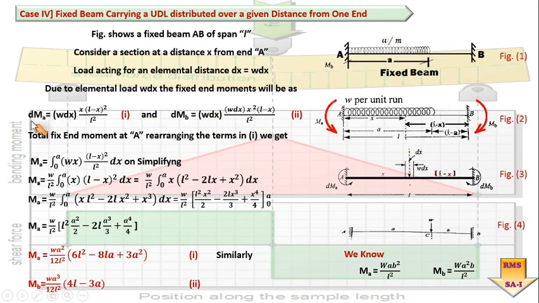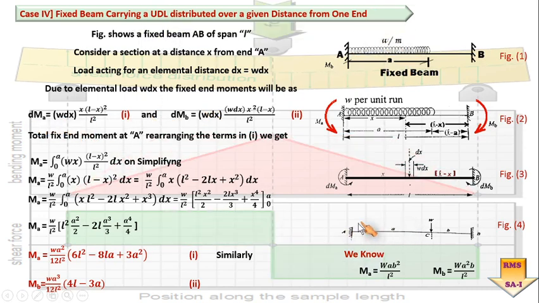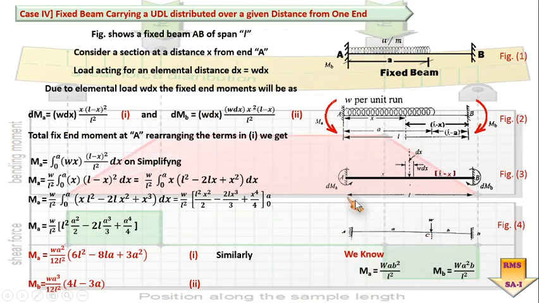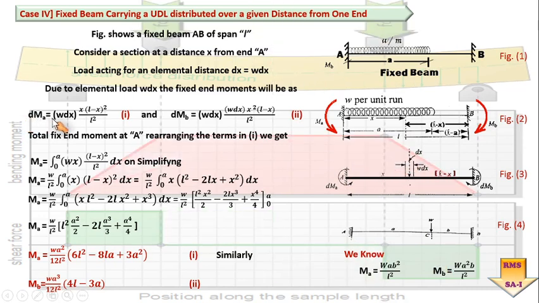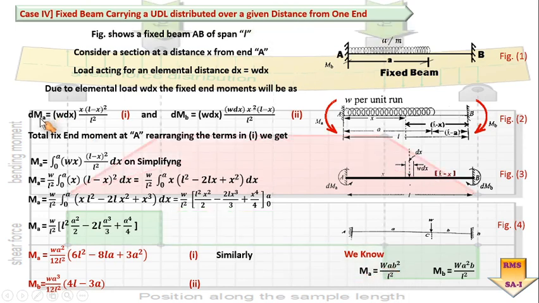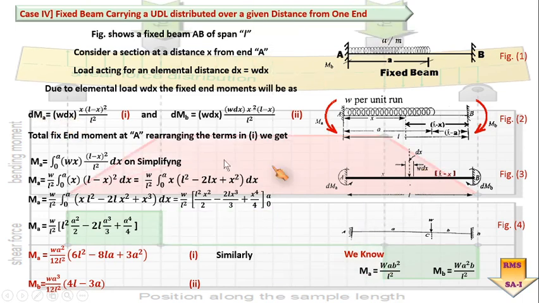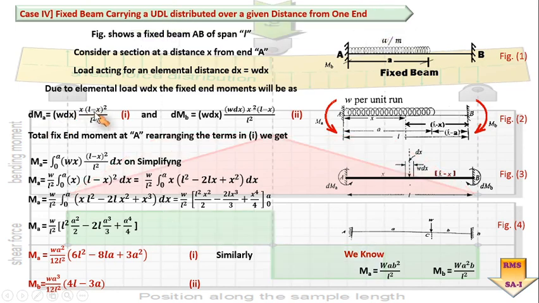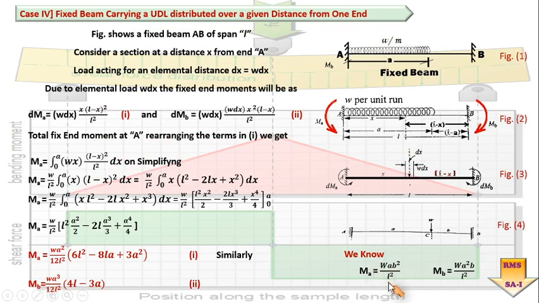So let us go back to the basics. dMA is equal to, I am applying the condition of a standard case on this beam with the elemental strip. Here, if you remember, W a b square by L square is the fixed moment at A. Similarly, the small fixed moment at A will be, with w dx as the equivalent point load, w dx into x into (L minus x) square divided by L square.